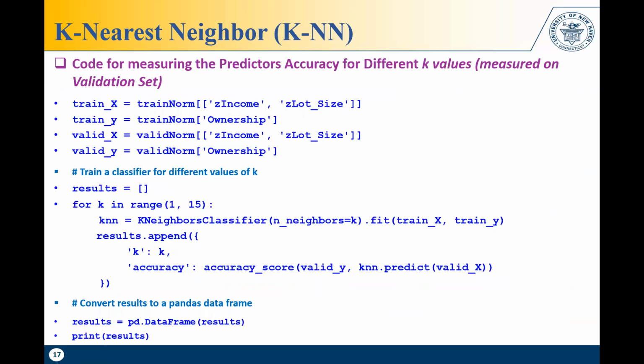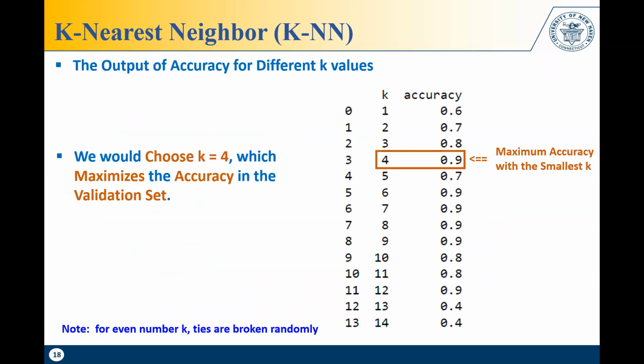Here's the code for measuring the predictor's accuracy for different values of K. And here's the output. We can see that the maximum accuracy with the smallest K belongs to K equal to 4. So we would choose K equal 4, which maximizes the accuracy in the validation set. And again, if the value of K is even, ties are broken randomly.